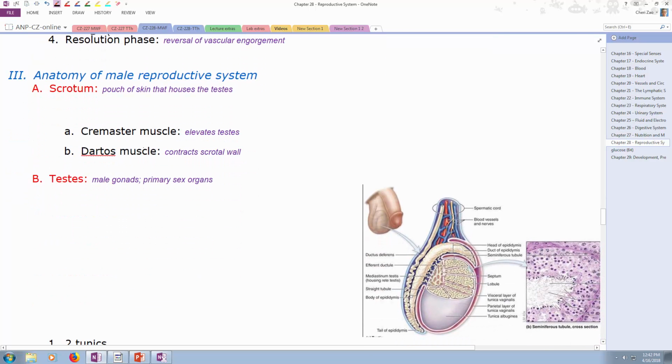Anatomy of the male reproductive system. Now we'll start externally with the scrotum, which is a pouch of skin that houses the testes. And a mature individual will actually have hair over that scrotum itself. The scrotum is designed to keep the testes at a temperature lower than body temperature.